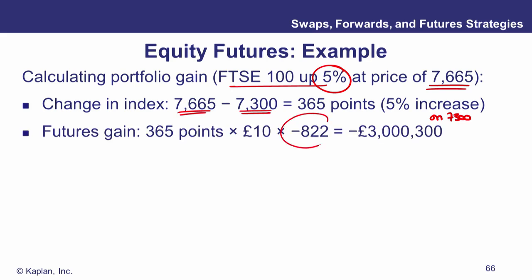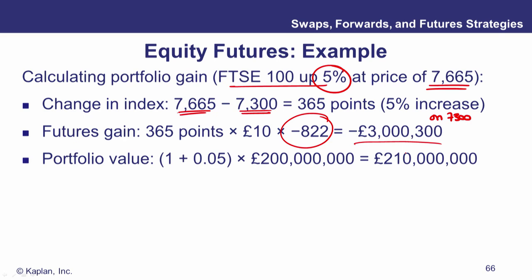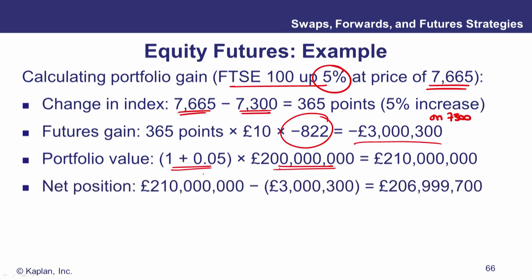We've shorted 822 contracts, so we've got a loss on our hedge when prices rise. But that's okay. It means that we must be winning on the portfolio. That portfolio of 200 million must be going up by 5%. So when I say that's okay, what I really mean is losses on a hedge means you must be gaining somewhere else. So you're gaining 5% on your 200 million stock position, which you've still got.